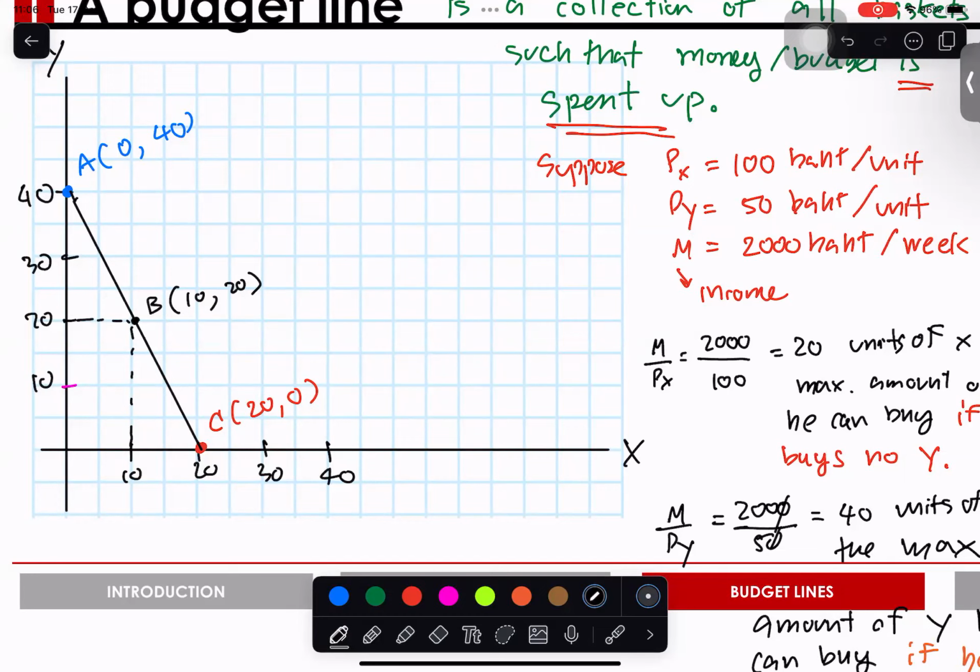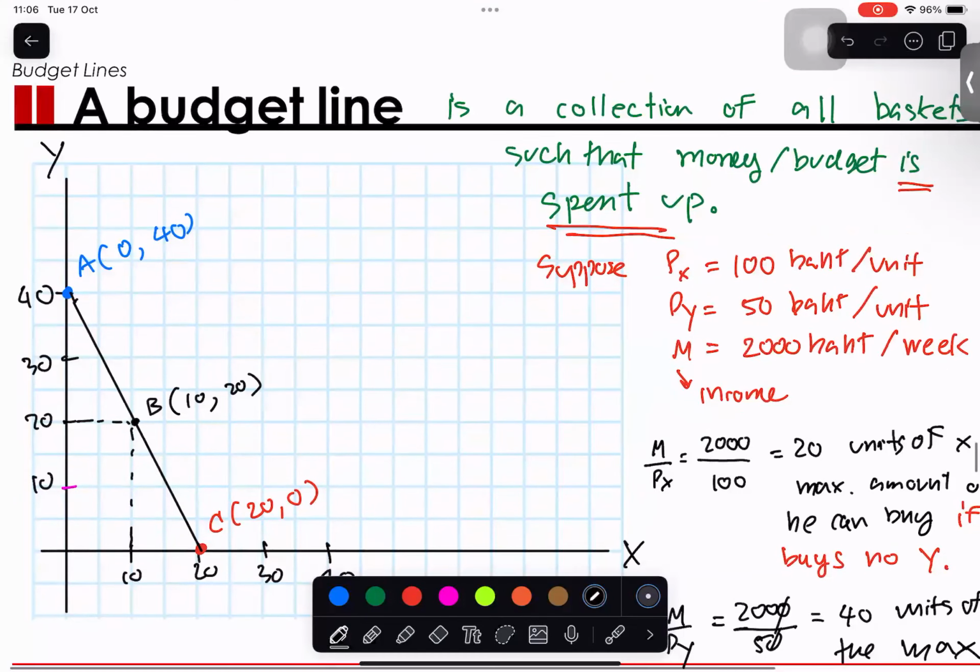Shall we compute the money that's spent on the blue, black, and red baskets? Let's check. Start with the blue basket first. What is the expenditure that he spent to buy good X? 0. I write this term first.